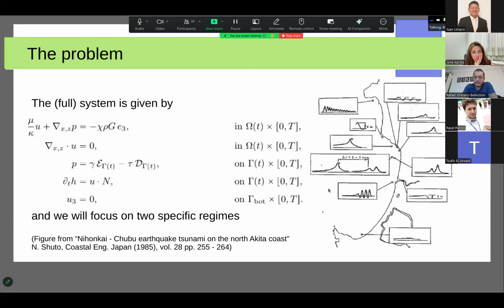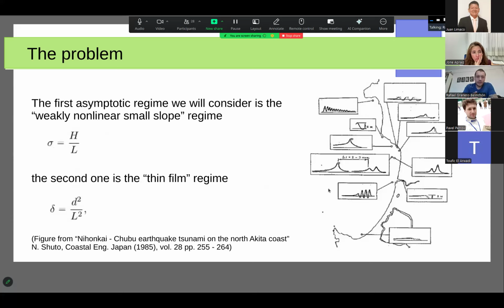The particular setting that we are going to consider is sometimes called the weakly nonlinear small slope regime. Here, capital H will be the typical height of the solid.